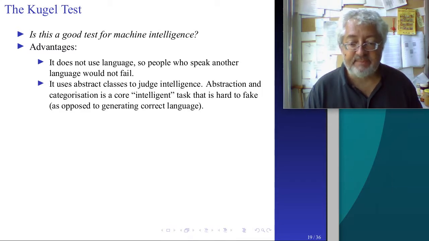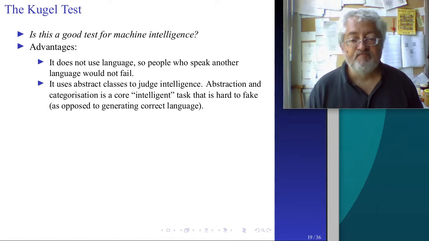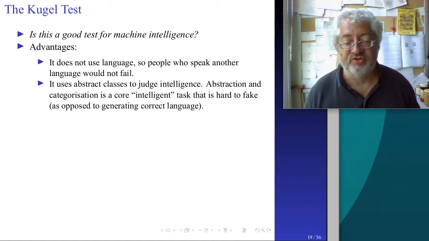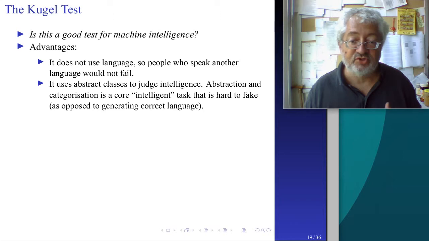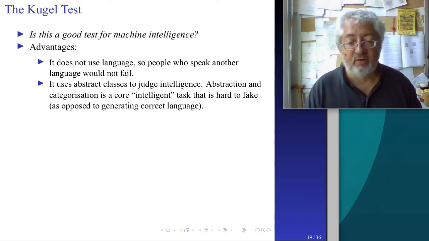It uses abstract classes to judge intelligence. Abstraction and categorization is a core intelligent task that is hard to fake, as opposed to generating correct language, syntactically correct language. It's easy to make a program to generate sentences that are grammatically, syntactically correct, although perhaps they don't mean much.